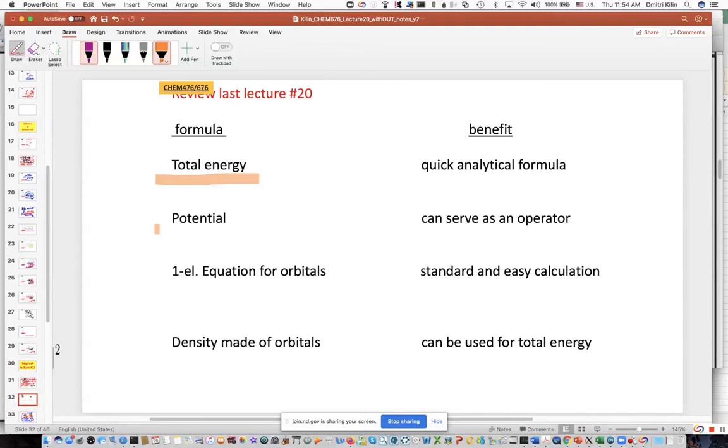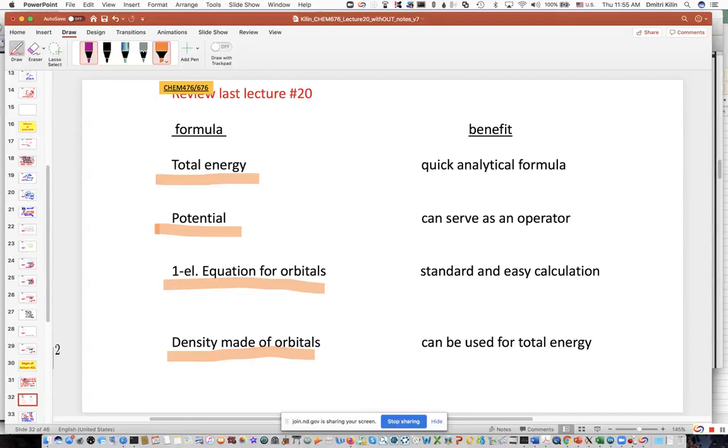And we have seen how total energy can be expressed of density in the Thomas Fermi theory. Then we do have an external potential that is expressed as functional derivative. We do have one electron equation for molecular orbitals, and we do have a protocol to compose density out of orbitals.